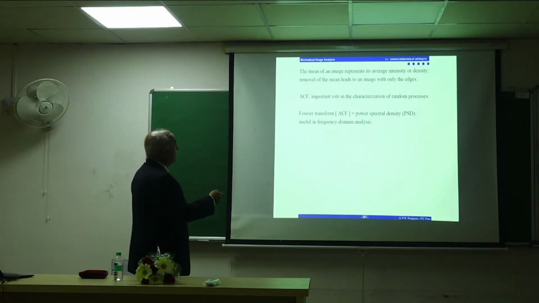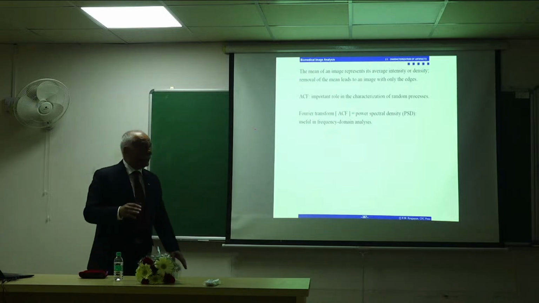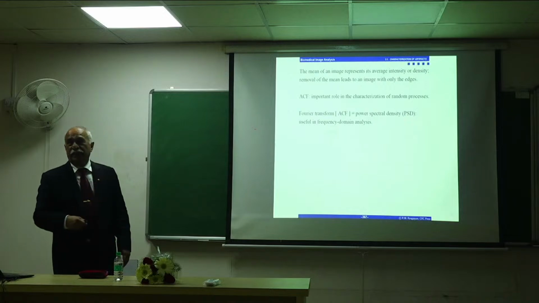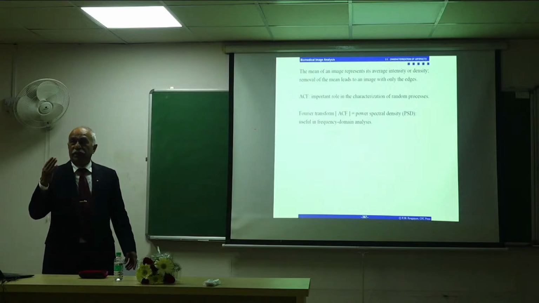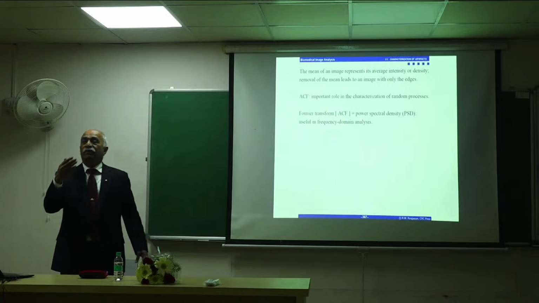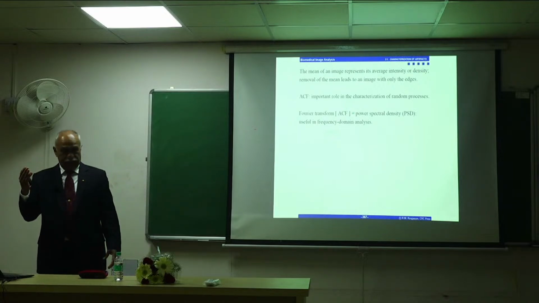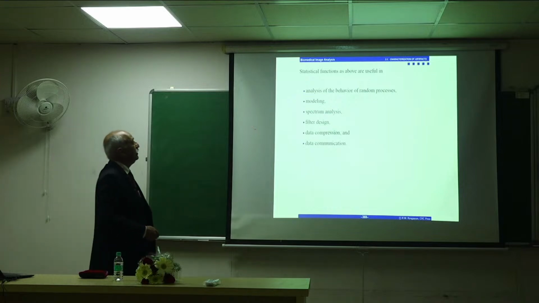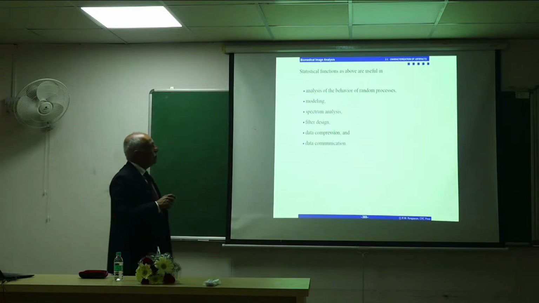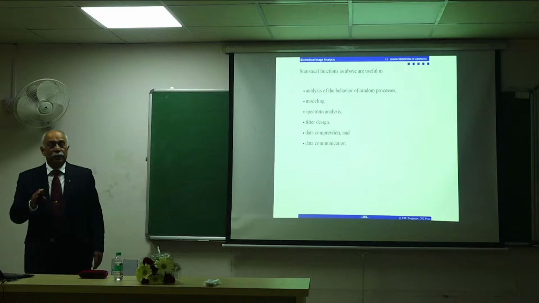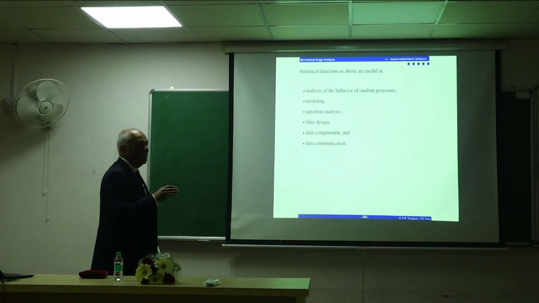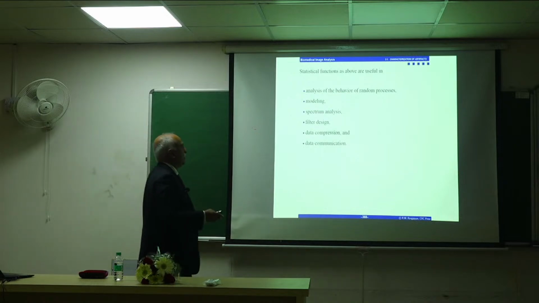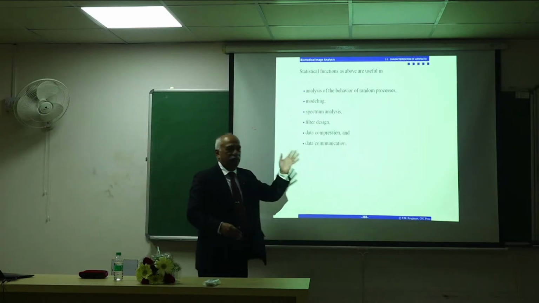The autocorrelation function is important in the characterization of random processes, given that the Fourier transform of the autocorrelation is the power spectral density. You get the power spectral density, which is useful in analyzing the frequency content and designing appropriate filters for that class of image. These statistical functions are useful in the analysis of the behavior of random processes, in modeling random processes and also populations of images, spectrum analysis, filter design, data compression, data communication systems, and so on.